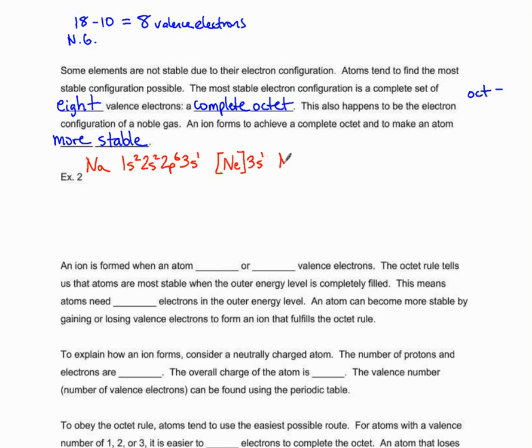And so for our electron dot diagram, it might look something like this. And this single electron, it's further away from the nucleus than any other electron in this atom. This electron tends to get lost pretty easily.